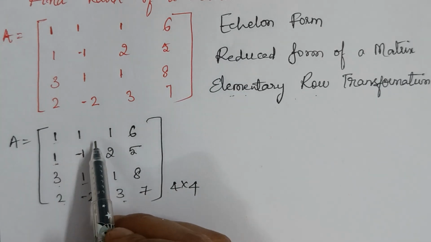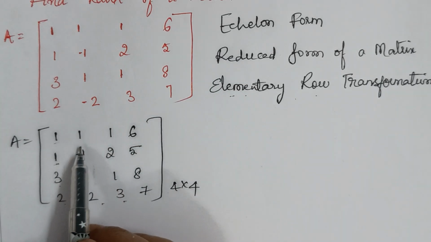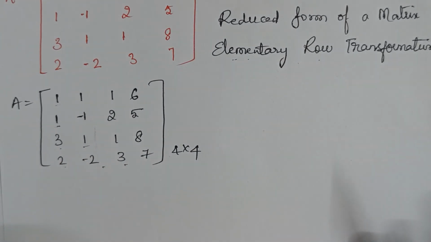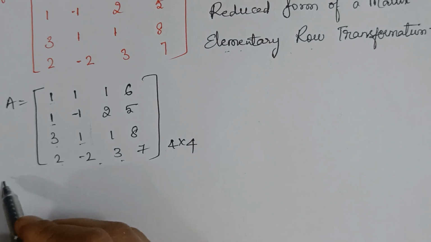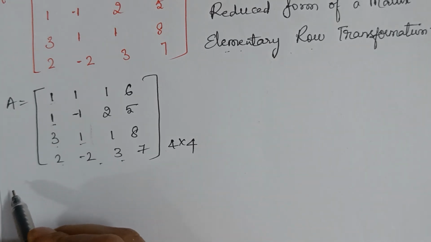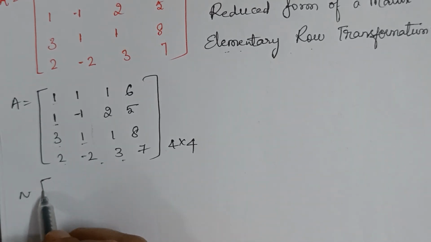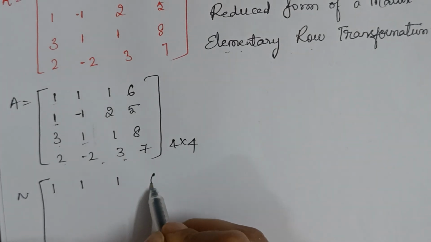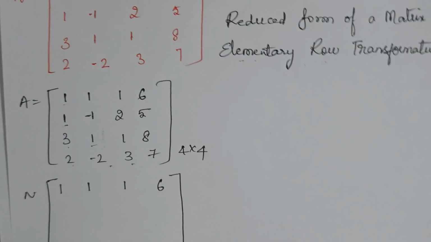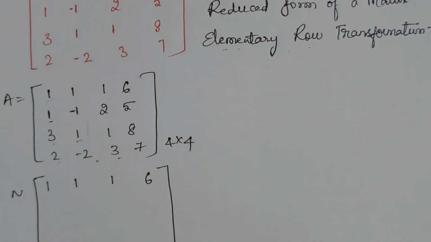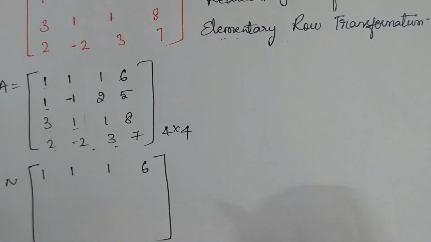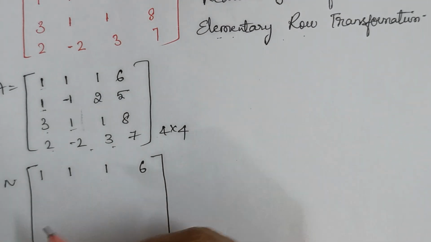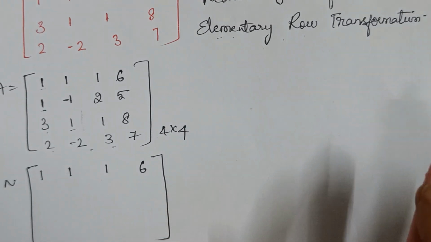I am not going to touch row 1 because it has already satisfied the requirement. I'll see what I have to do with the rest so that I achieve the reduced form or the echelon form of the matrix. The first row I will write as it is, and I'm not going to touch it during the entire process of reducing the matrix to the echelon form.